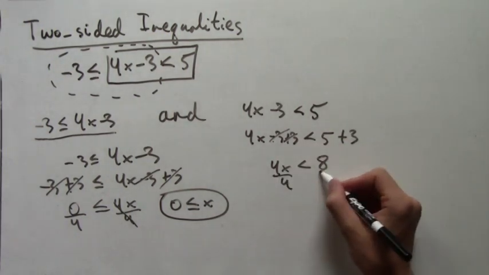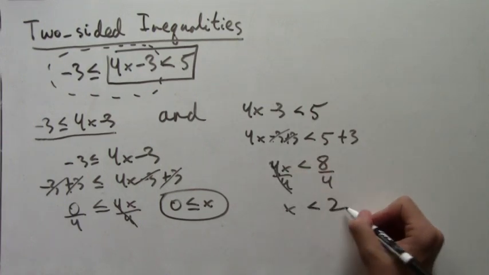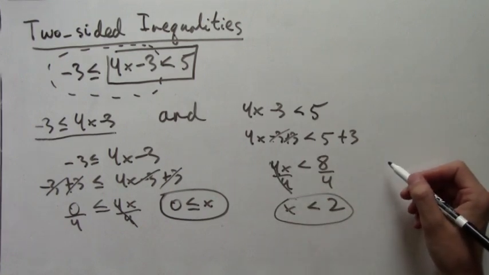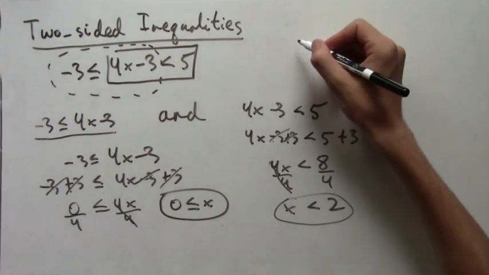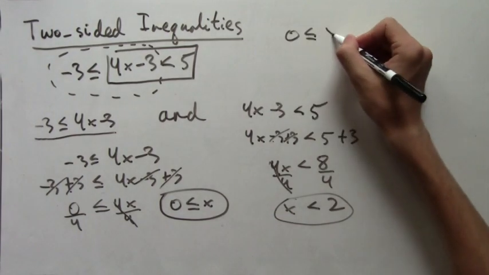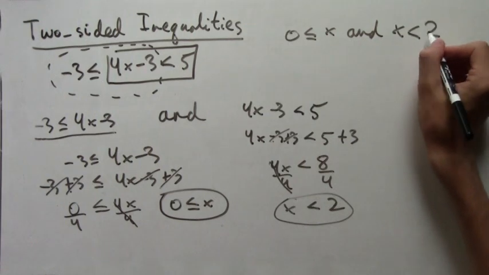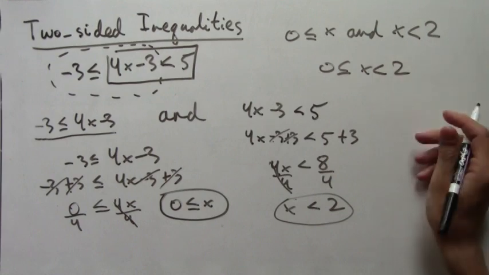Now we divide by 4 on both sides to find that x is strictly less than 2. So the solution to the two-sided inequality is 0 less than or equal to x and x less than 2 at the same time. This can be written down as just 0 less than or equal to x less than 2.